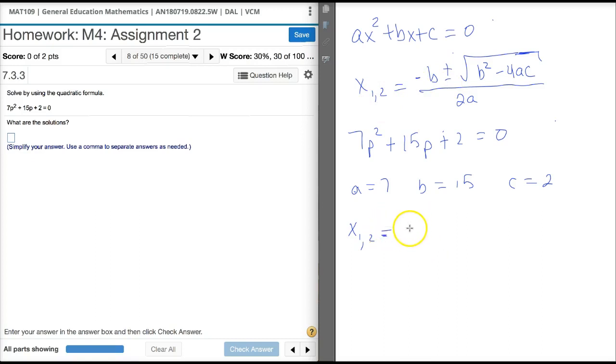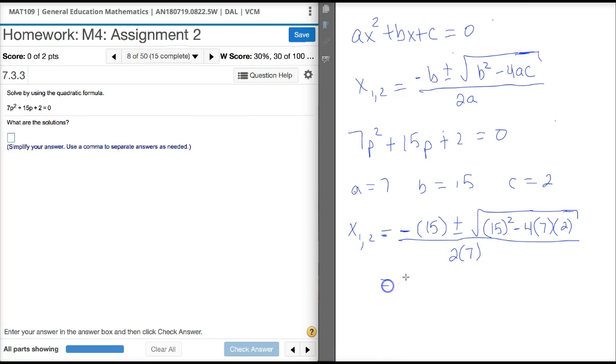Substituting in, this will be minus 15 plus or minus the square root of 15 squared minus 4 times A, which is 7, times C, which is 2, all divided by 2 times A, which is 7.